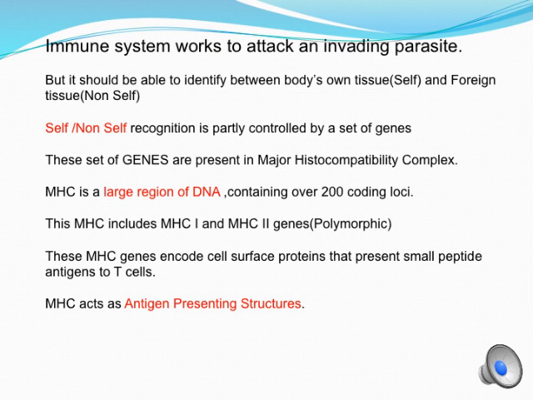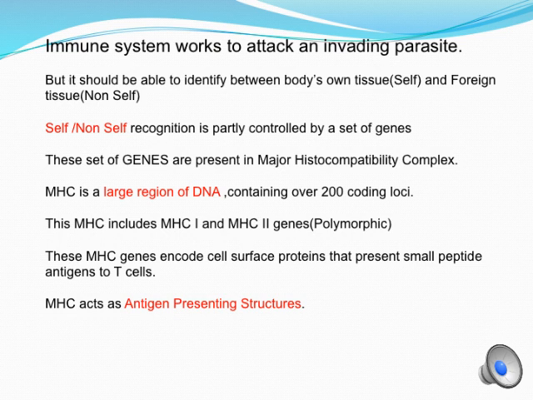Now, this attacking thing is not always a parasite. It can be a microorganism, it can be any kind of self-antigen of the body, it can be a product of your metabolism, anything that can harm your immune system.